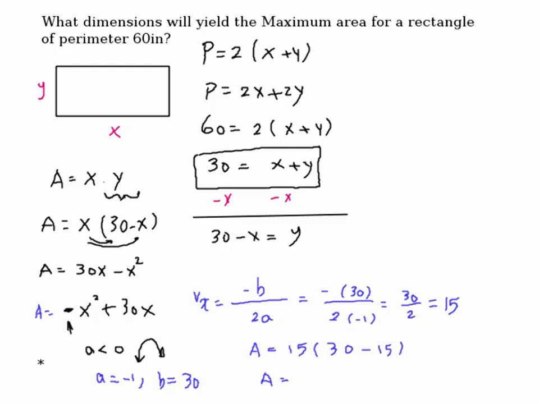Yeah, 15 times 15 would be 225. Very good. That would be 15 times 15, 225. So that would be the maximum area for a rectangle of perimeter 60 inches.